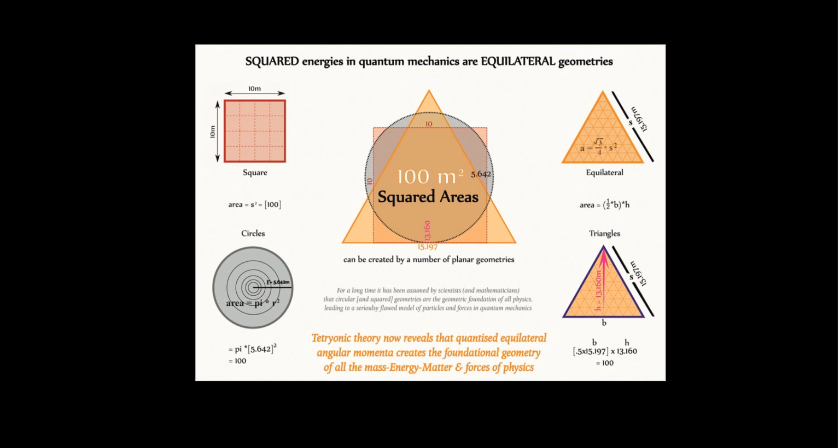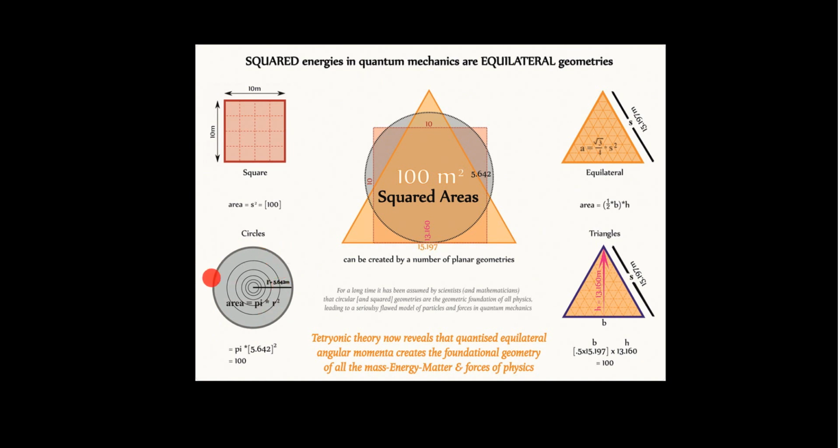So in this case, what was immediately obvious was the fact that squared numbers in quantum mechanics are not necessarily anything to do with a squared geometry. They do have a role to play when it comes to circular geometries, but that's with respect to a spatial coordinate, not to physical mass or matter.